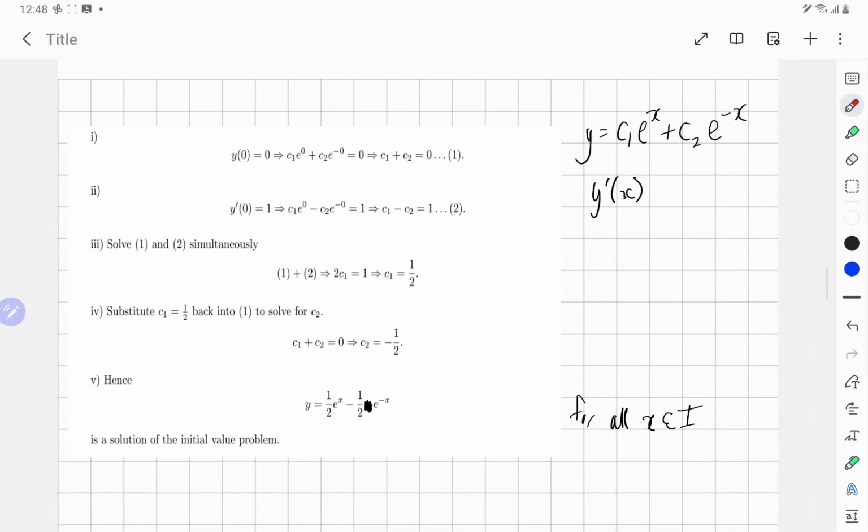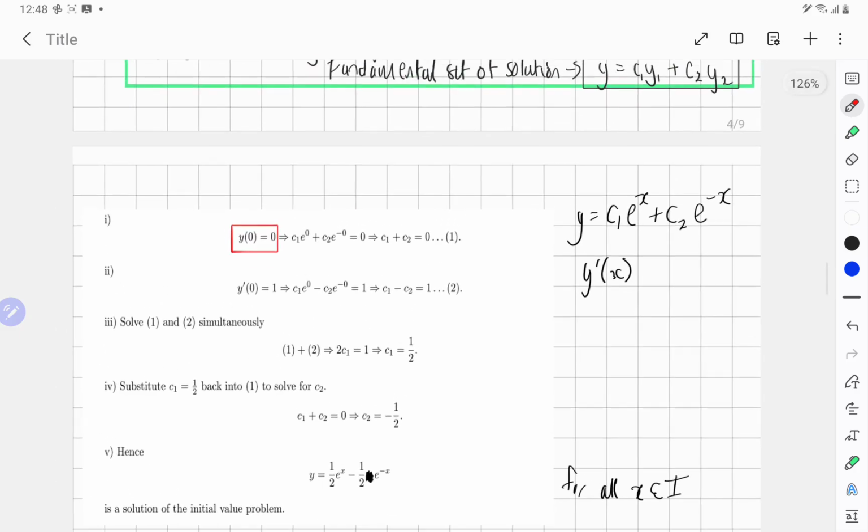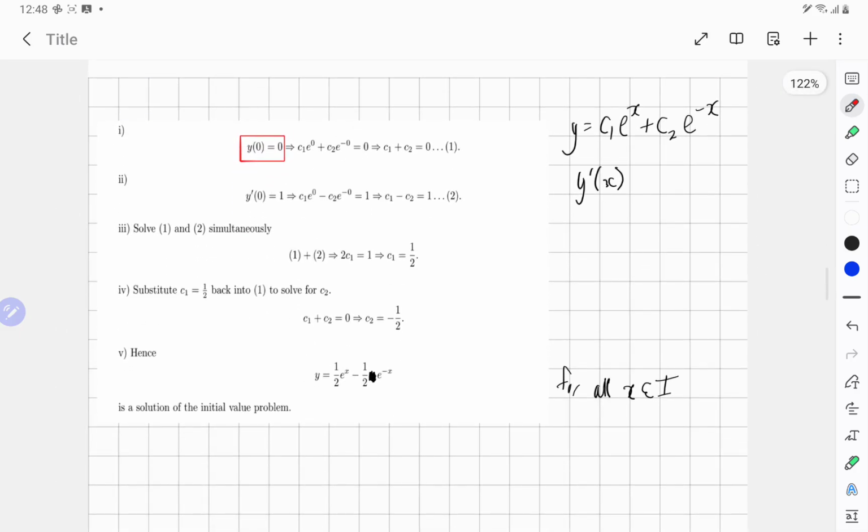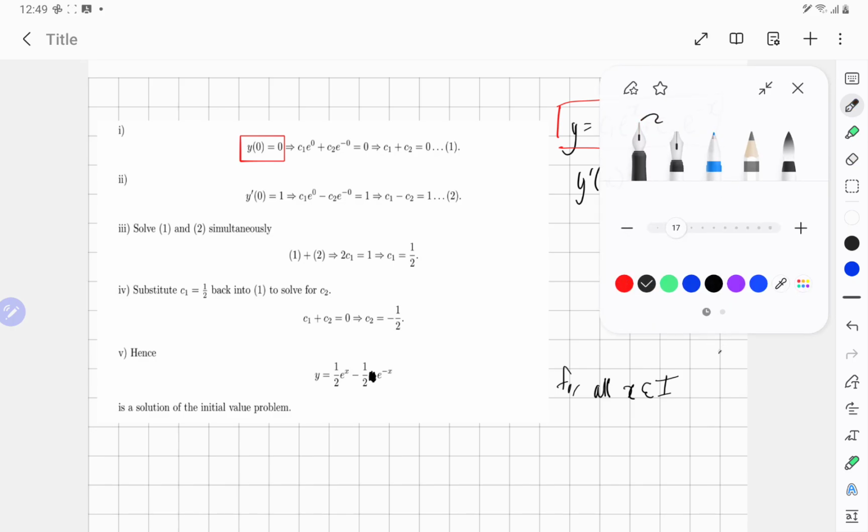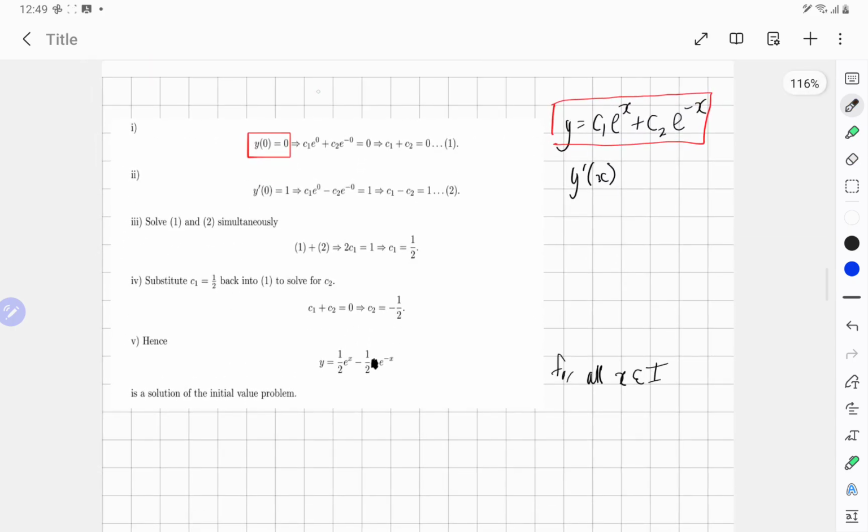So this is very important. We're going to use the initial conditions and substitute them into our general solution. So if we substitute, just remember this, a common mistake students make: it was given that y(0) is 0.